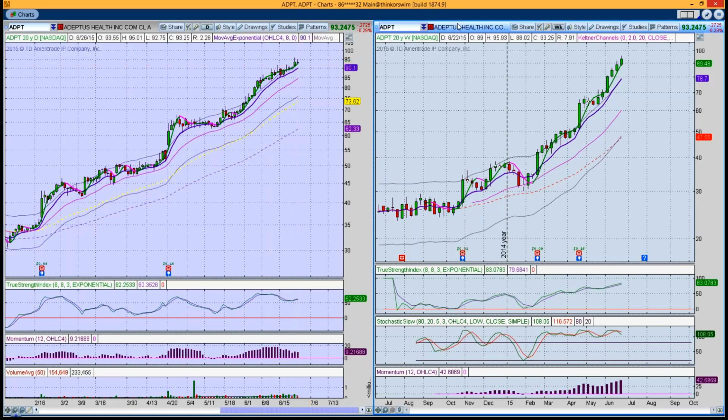I'd have to run the stock checkup on the IBD website to see what kind of fundamentals this has. But we saw a tick up in a lot of the health-related stocks after the Supreme Court made its ruling on Obamacare yesterday, leaving it basically untouched and intact.